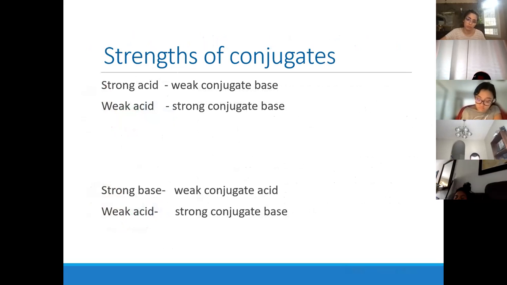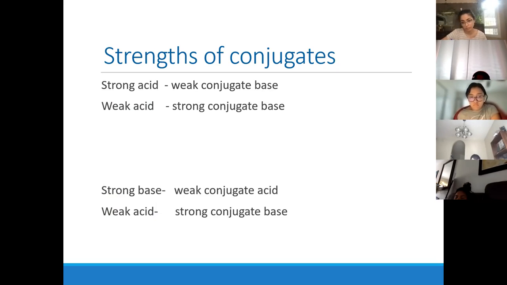Now, if I'm just starting out and I have a strong acid, that will make a weak conjugate base. A weak acid will make a strong conjugate base. They kind of are opposite in effect.